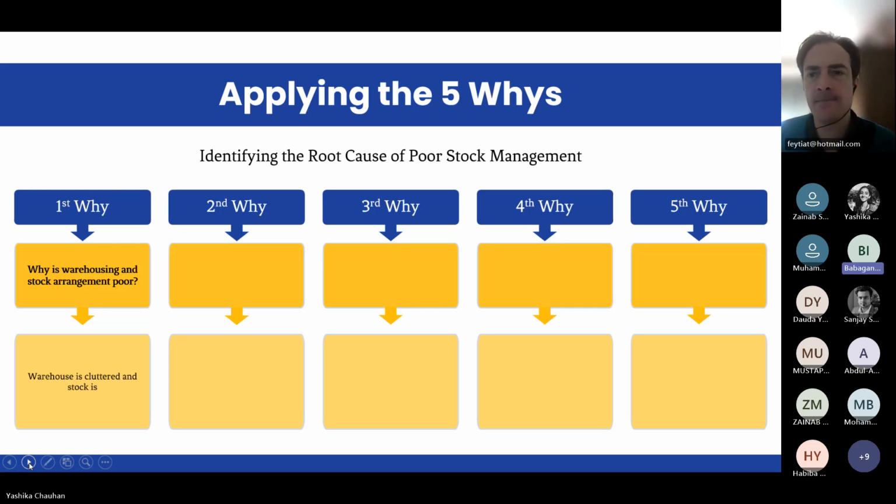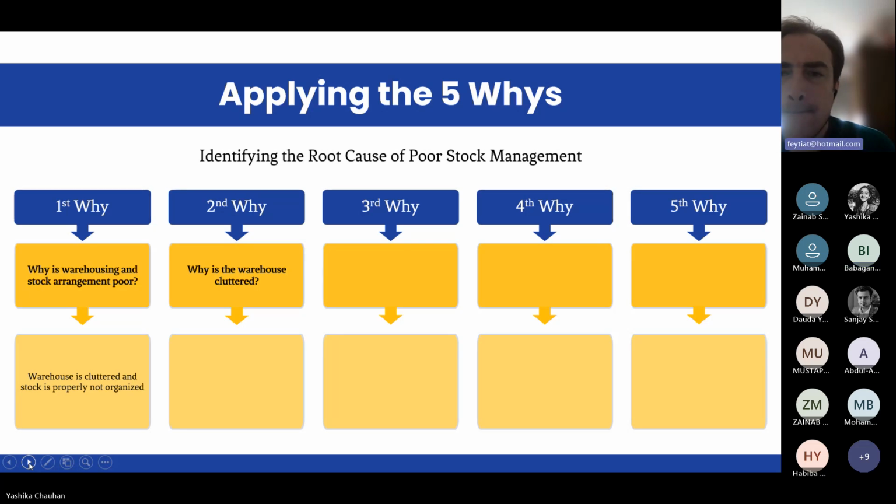Okay. Then the second why: why is the warehouse cluttered? Because the stock is not properly stored and maintained. Then the third why: why is the stock not properly stored and maintained?